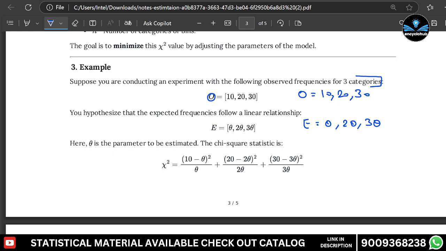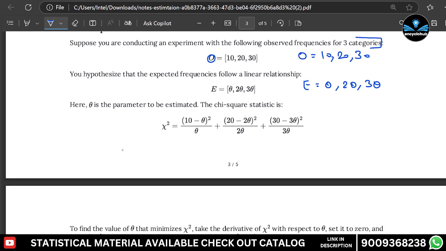Now, by the formula of chi-square, the summation of (O minus E) whole square upon E.